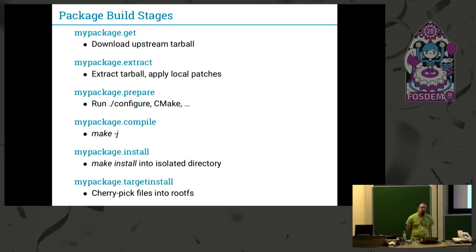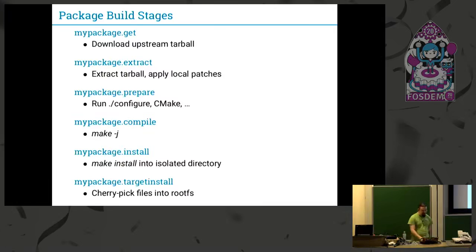Yeah, and then the compile stage basically just compiles the package like it is normally used. The install stage installs it into an isolated directory, so many packages install many files by default which you don't use or don't need on your target system. For example, if you build Qt, then you have a whole lot of libraries which you maybe don't want to install.